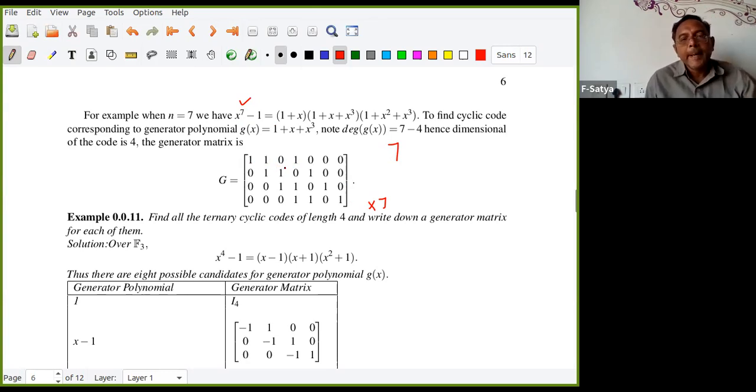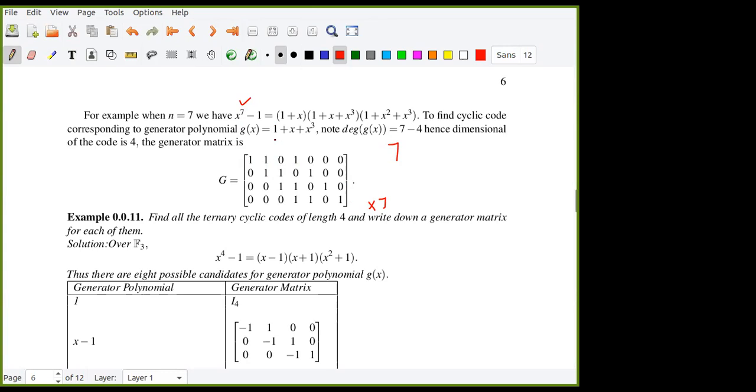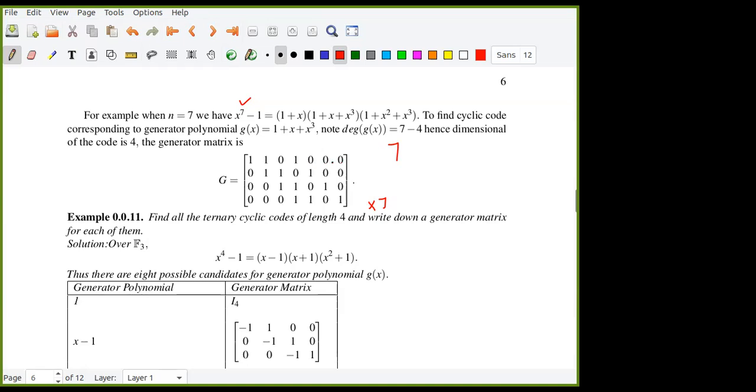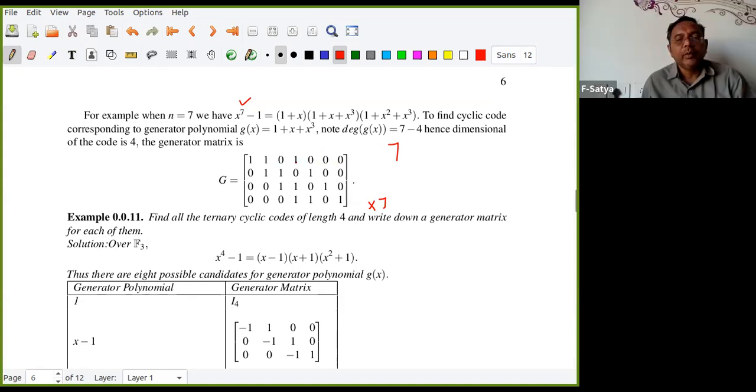Can somebody help me? It is the coefficients of the polynomial g(x), 1 plus x plus x cube. The x square term is missing, so 0 I got. Now how many zeros do I put? 3 zeros. Why do I put the extra zeros? Because here I have up to 4, so I need 7. So I fill it with these 3 more.